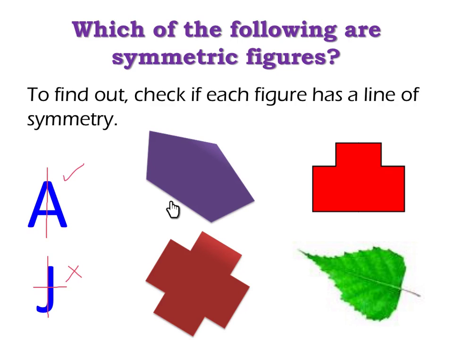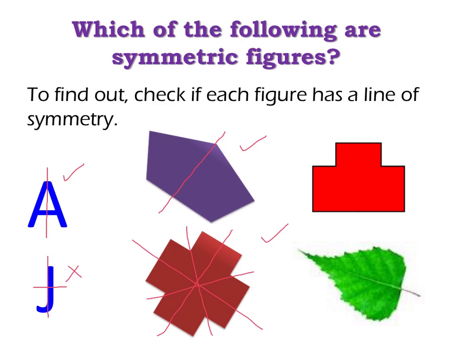Now for this figure here, I can draw a line of symmetry down like this, and if I fold here to here, it will fit exactly. So this shape is symmetric. How about this shape over here? This shape has a few lines of symmetry. I can do like this, like this, like this. Either way, they will fold exactly and fit exactly.